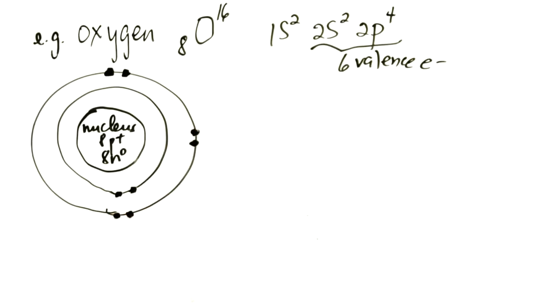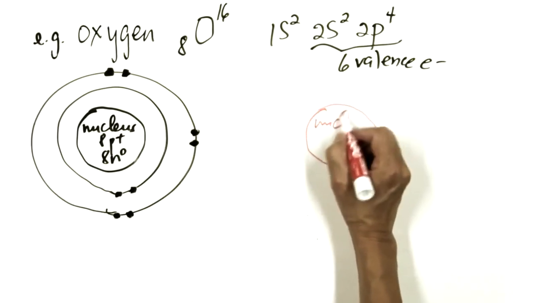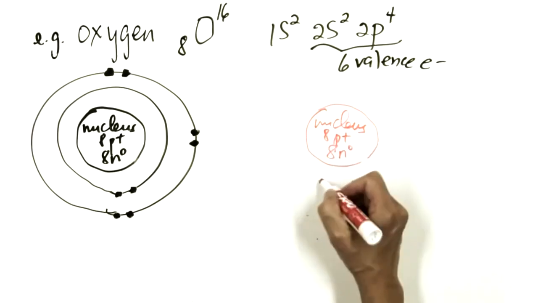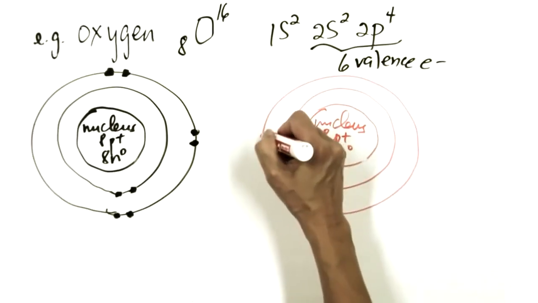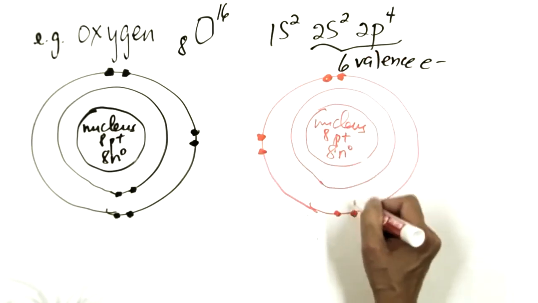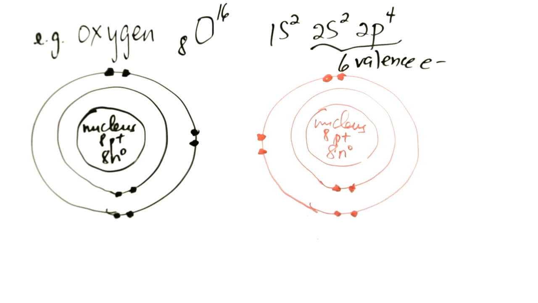Now, let's say this oxygen atom combines with another oxygen atom, right here. So how will these 2 oxygen atoms share their electrons so that at the end, both of them will have 8 electrons in the outermost shell?